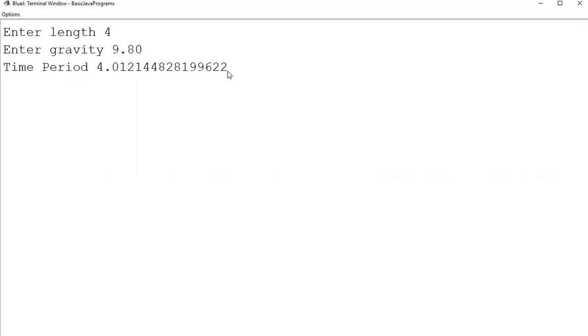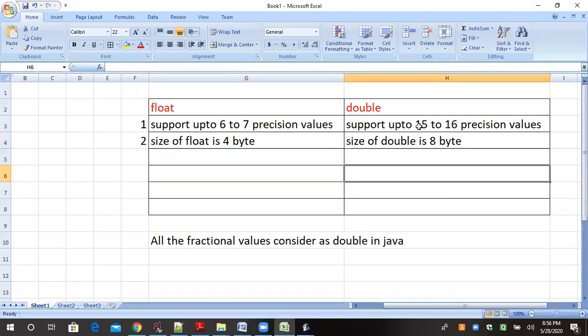Okay, in the definition, your observation must be very strong. What I have written about the double, can you please confirm? Double supports up to 15 to 16 precision values.